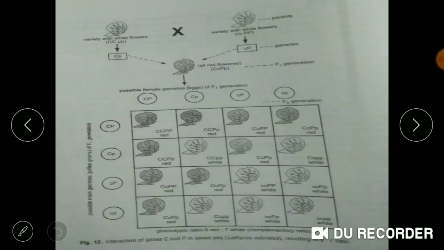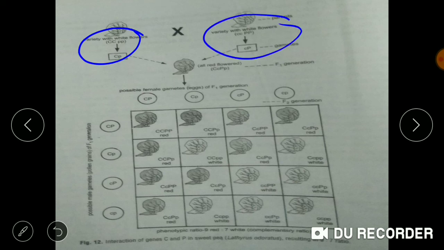Now, when the crossing is done between them, we have obtained the F1 generation containing capital C, capital P, small p, and the phenotype of the F1 offspring obtained is red colored flower. So, because of the presence of capital C and capital P together, it has resulted in red color flower.